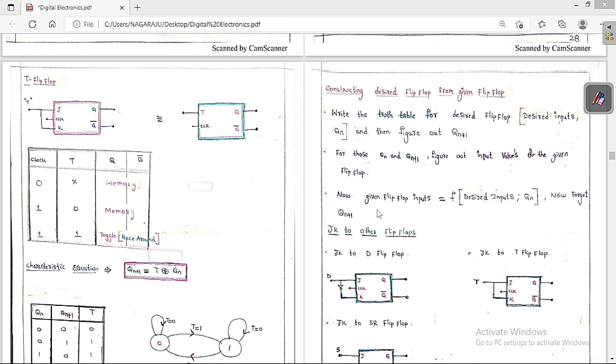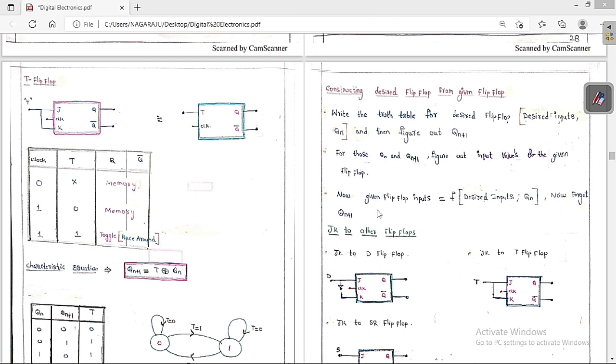Then with these expressions, connect the circuit, and we are going to get the desired flip-flop from the given flip-flop. This is an important point that you always have to consider.